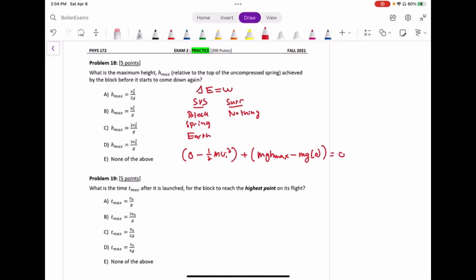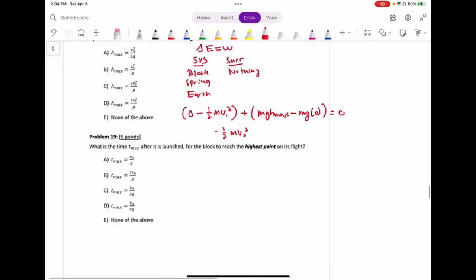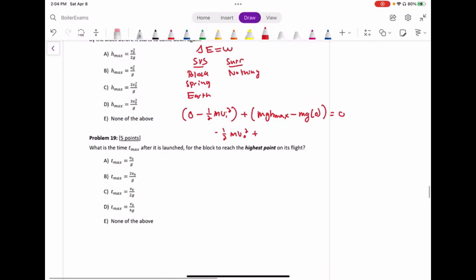Nothing in the surroundings, so 0 work. And then we've got negative half m v naught squared, plus m g h max, equals 0.